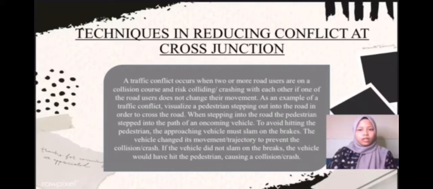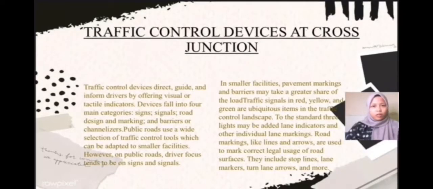To avoid hitting the pedestrian, the approaching vehicle must slam on the brakes. The vehicle changes its movement to prevent the crash. If the vehicle did not slam on the brakes, the vehicle would have hit the pedestrian, causing a collision and crash.